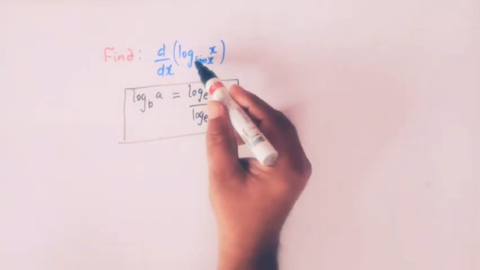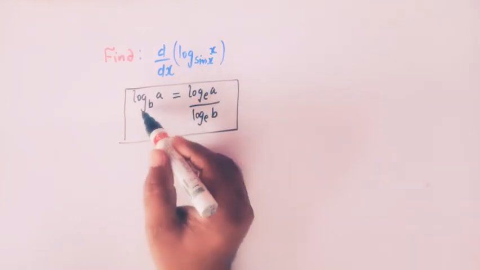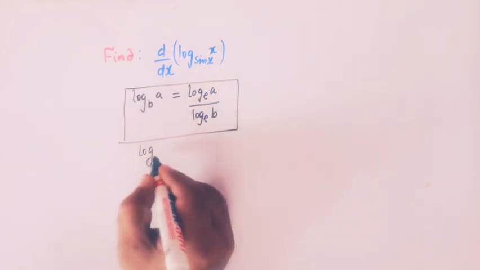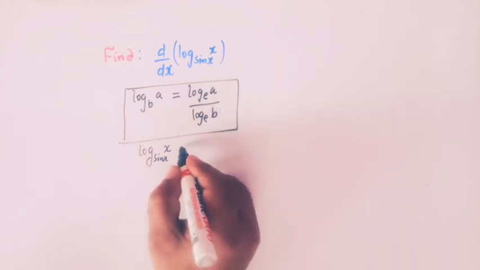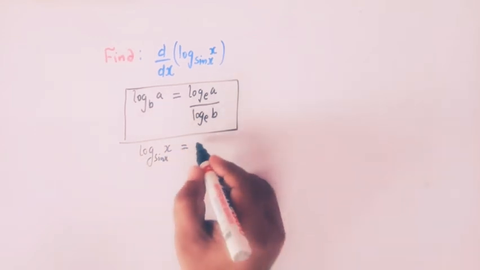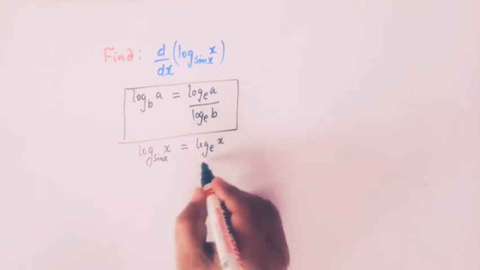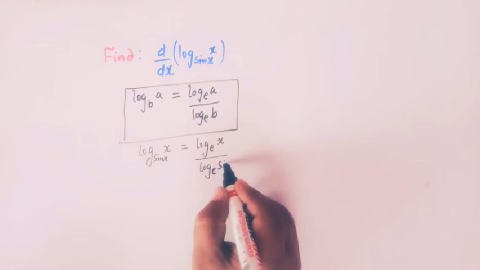So if we compare log x to the base sin x with this term, then we can write log of x to the base sin x as log e of x over log e of sin x.